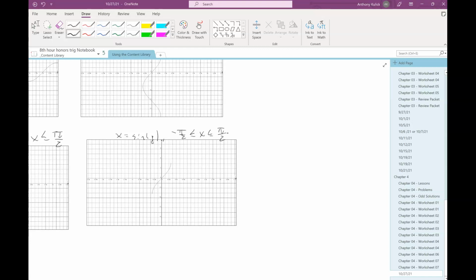So basically what we're saying is there are going to be angle measures that we can't solve for, because the only angle measures that we can solve for are between negative pi over 2 and positive pi over 2. So we can't solve for all of them, right?